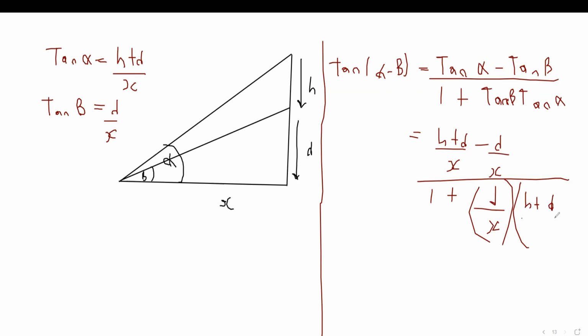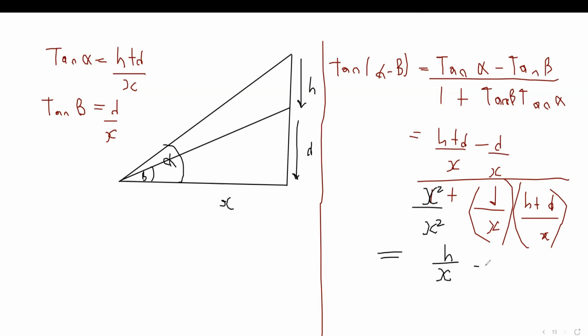Now, of course, guys, look what I'm going to do. Just because I realize that x times x is going to give me x squared, I'm going to rewrite the number 1 as x squared over x squared, just so it's easy to write as one fraction. So what we're going to get for tan alpha minus beta is h plus d minus d, that d is gone, so we get h over x.